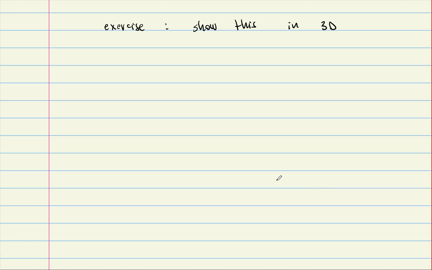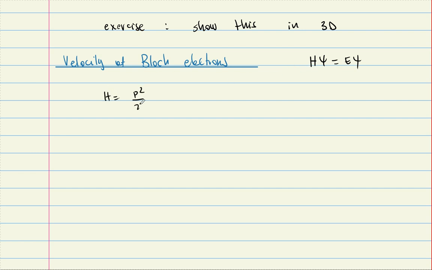So I want to calculate the velocity of these Bloch electrons. If you remember, our job is to solve the Schrödinger equation, H psi equals E psi, and H is equal to p squared over 2m plus V of x.